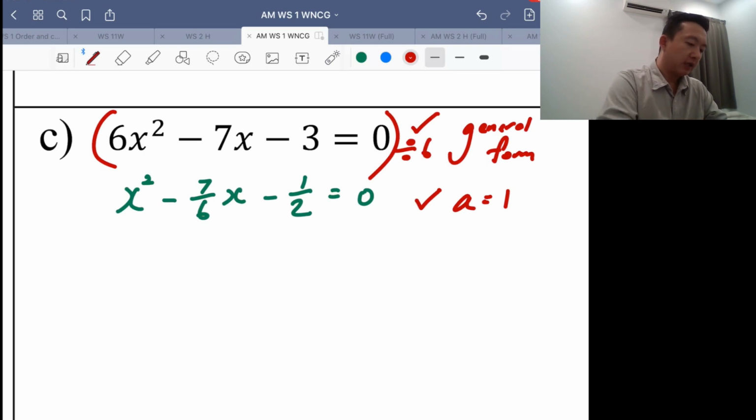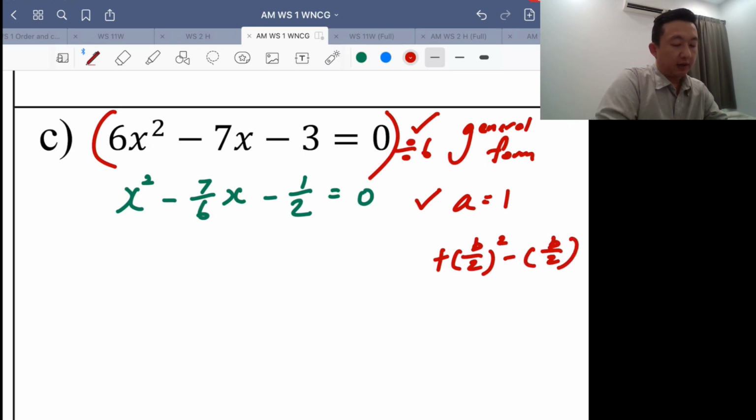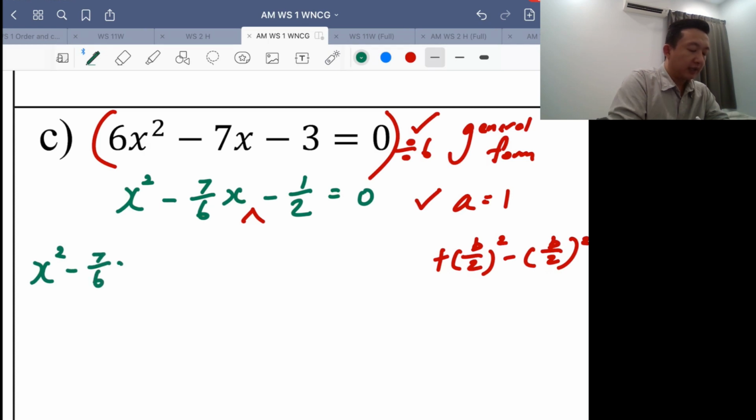Then the third one is plus b over 2 squared and minus b over 2 squared. And where do we put it after x? Between bx and c. So we have x squared minus 7 over 6x plus b over 2 squared. Oh, I should just leave it in green color.